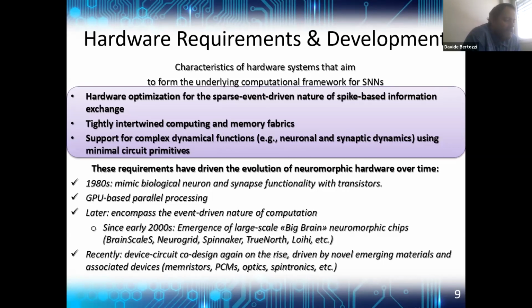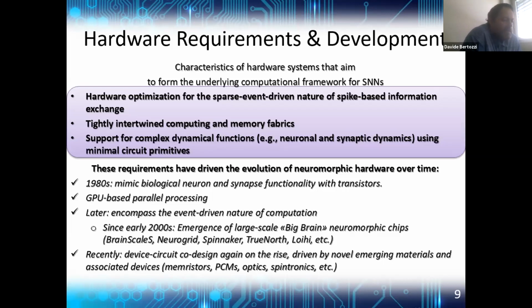Since recently, however, device circuit co-design is again on the rise, and currently one of the most fascinating areas in neuromorphic computing, driven by novel emerging materials and associated devices such as resistive RAMs, phase change memories, and optics.